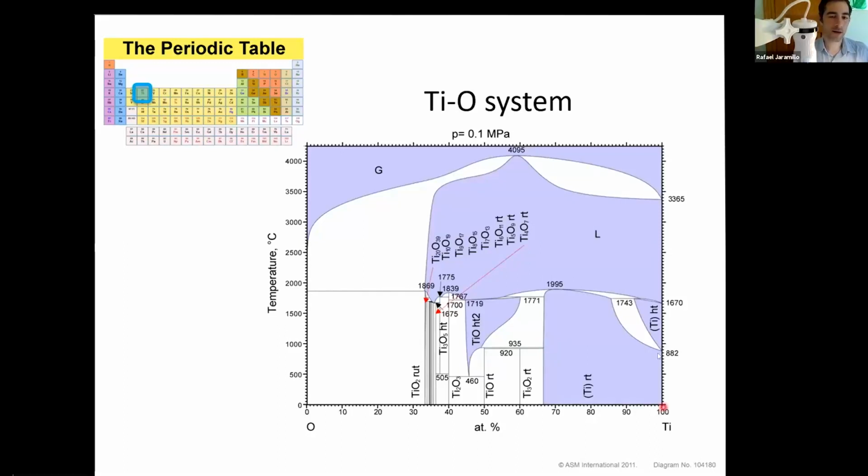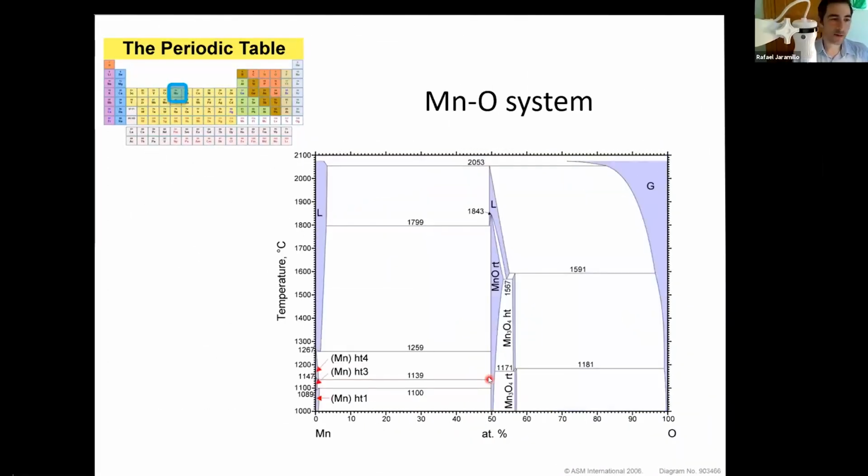Here's titanium. It dissolves a lot of oxygen. So this is an even bigger counterexample. Titanium's a funny system. It dissolves a lot of oxygen into solid titanium, but its oxides here are line compounds. So, what to make of this? It's good to understand where the approximations apply and where they might not.